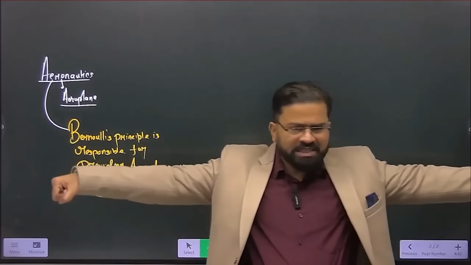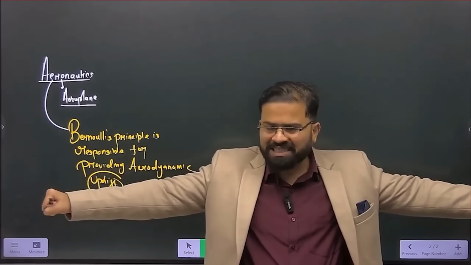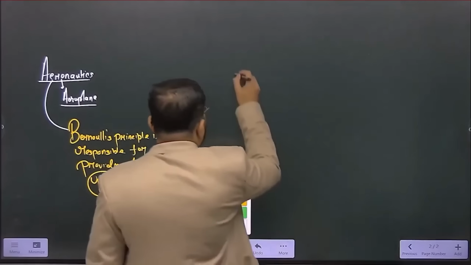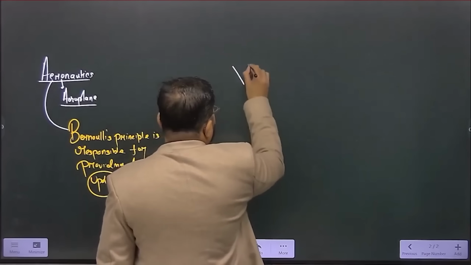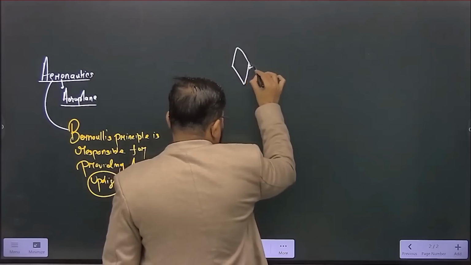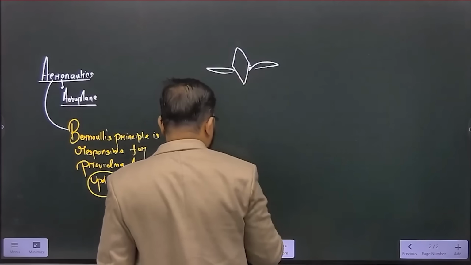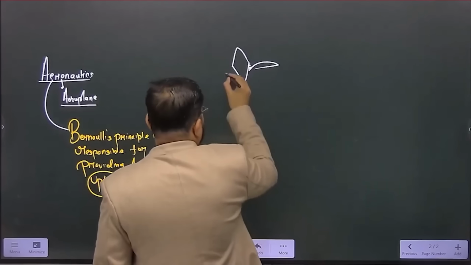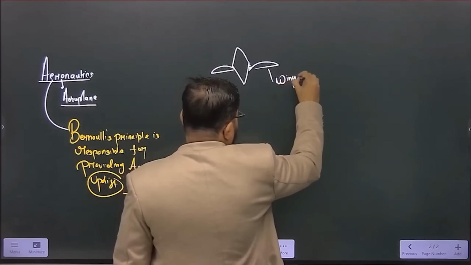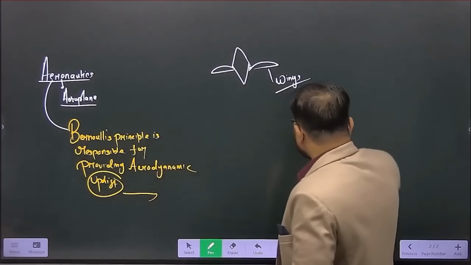Now we have discussed the aerodynamic uplift. You have seen the aerodynamic wings. These aerodynamic wings have been designed so that they can sustain Bernoulli's principle. Look over it. Consider an aeroplane, and this is your aerodynamic wing. When you talk about the wings, they operate using Bernoulli's principle. How?